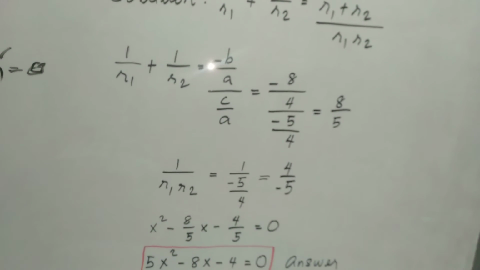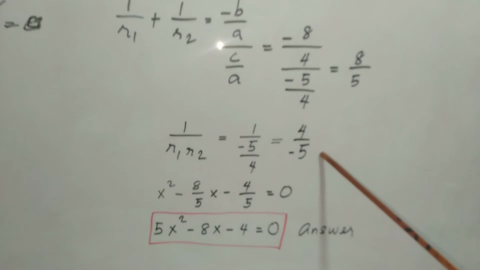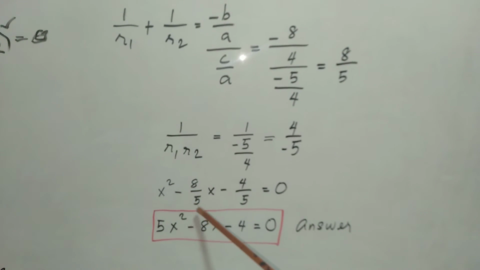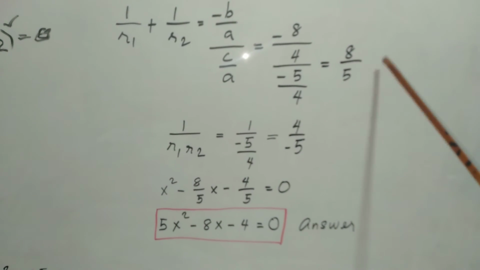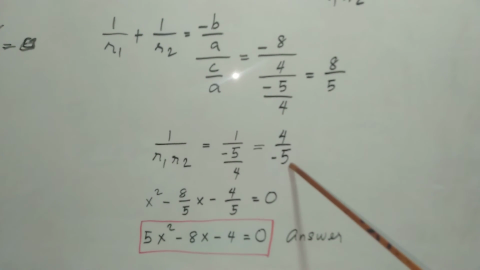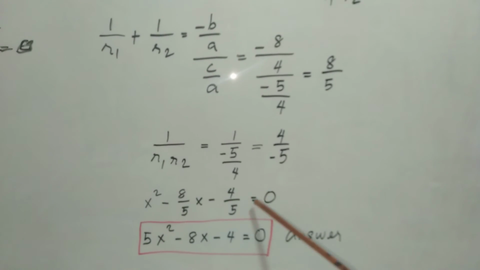So we just substitute these two given answers. We have here x squared, and our new coefficient b, which is minus 8 over 5, minus 4 over 5, since the value is negative 4 over 5, is equal to 0.